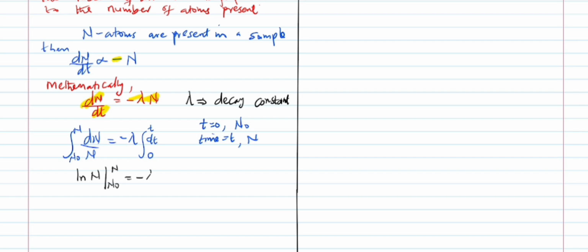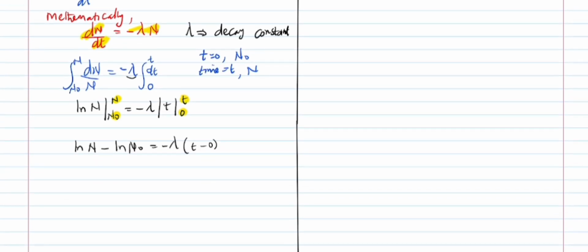That will be equal to minus lambda, which is outside because it is just an ordinary number, a constant, times t evaluated from 0 to t. Substituting in the boundaries, we have ln N minus ln N naught is equal to minus lambda times t minus 0.